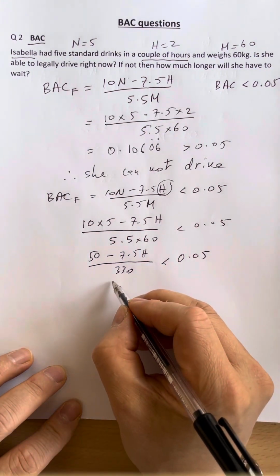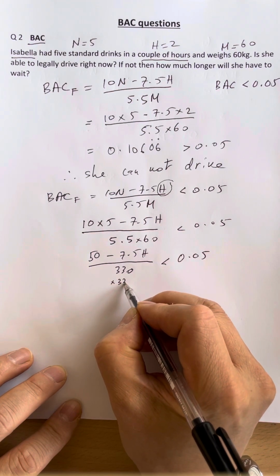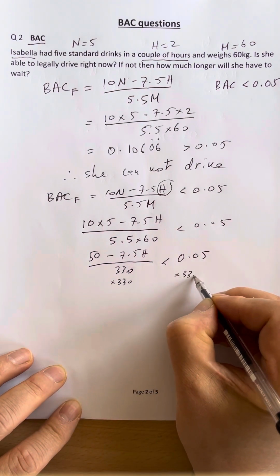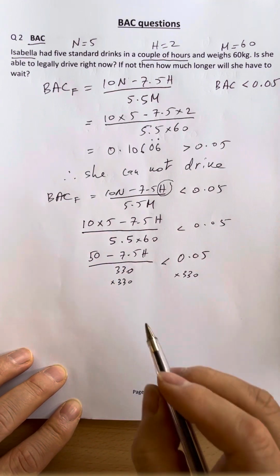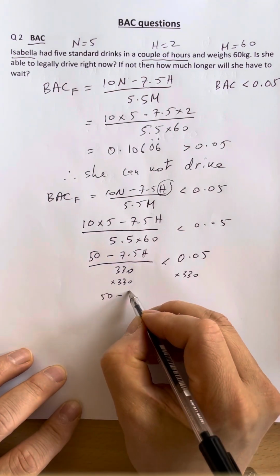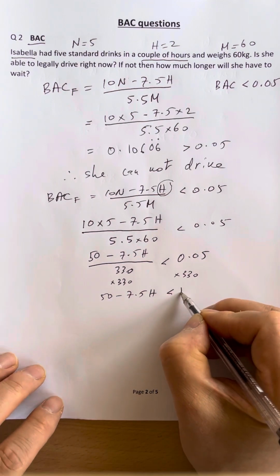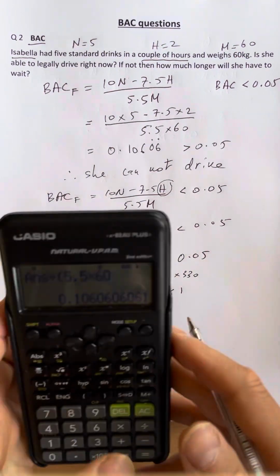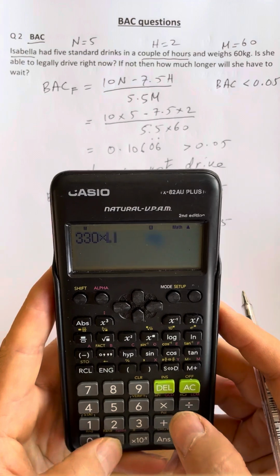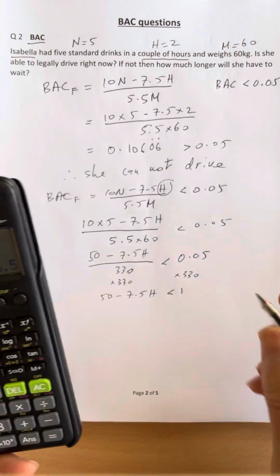And then you multiply both sides by 330 because that's the inverse operation, and you get 50 minus 7.5h is less than 16.5. 330 times 0.05 is 16.5.